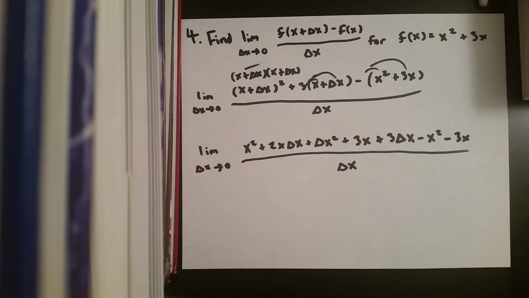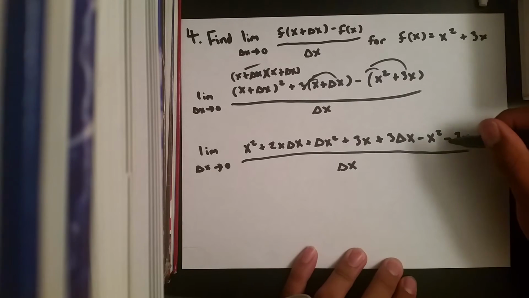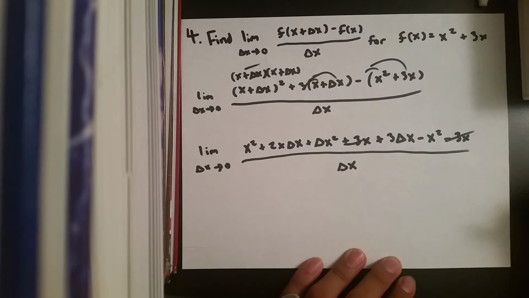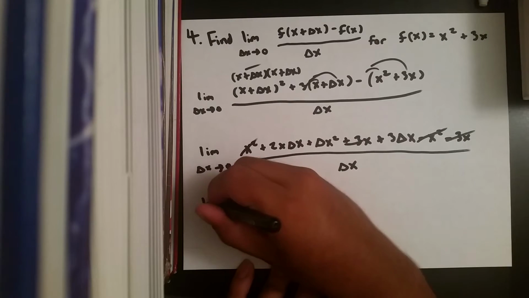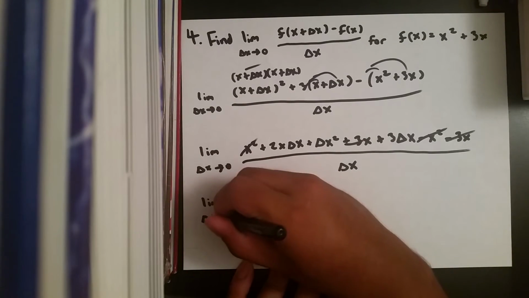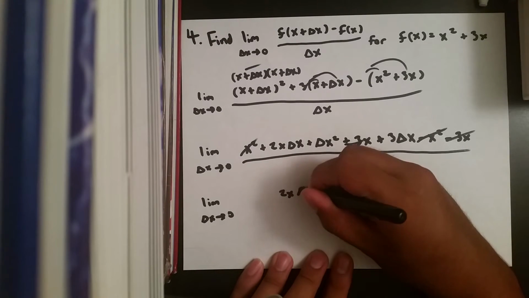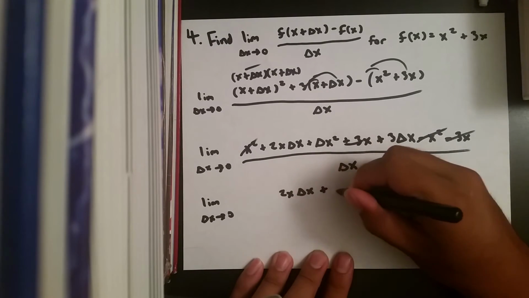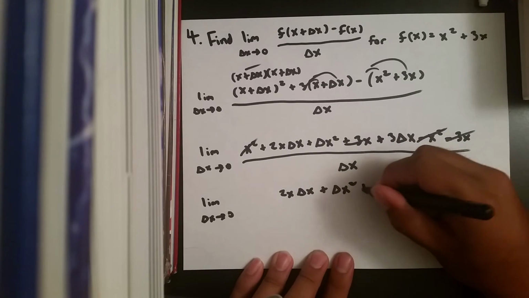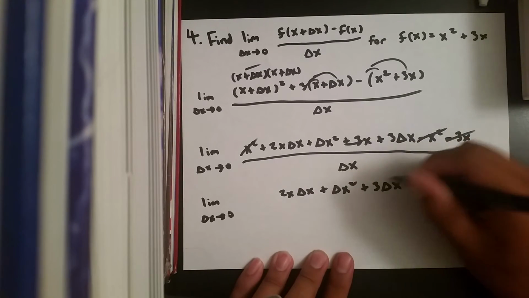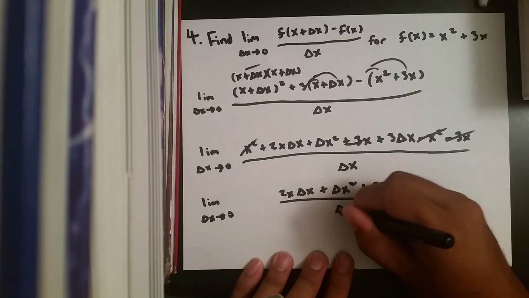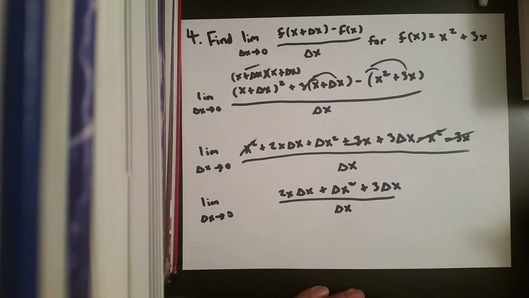Now as you can see, there are things that we could cancel out. For example, this negative 3x, positive 3x, negative x squared, and it looks to be all of it. And we're left with the limit as delta x goes to 0 of 2x delta x plus delta x squared plus 3 delta x all over delta x. And this could be simplified even further.